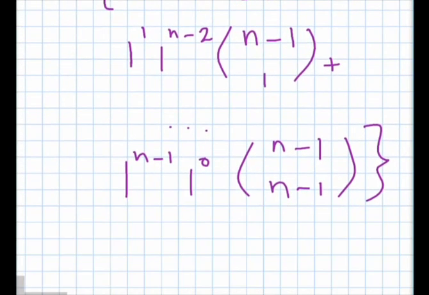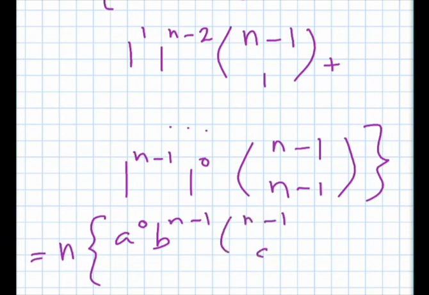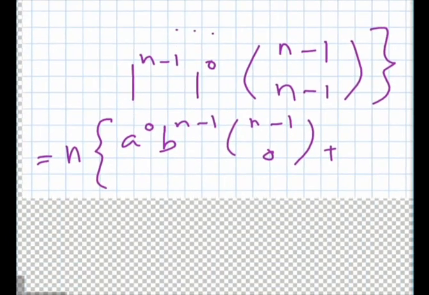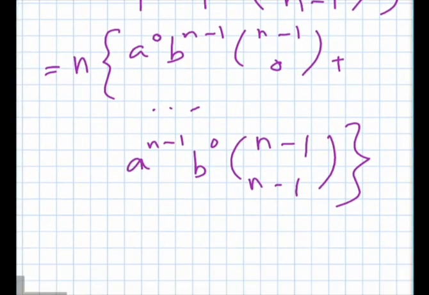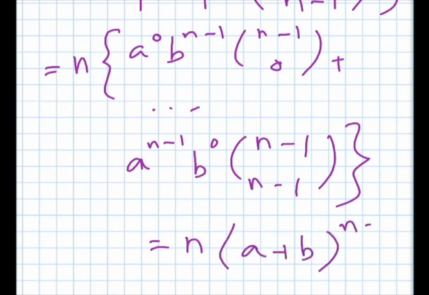Now if I compare it with a to the 0 times b to the n minus 1 times n minus 1 choose 0 plus, I'm skipping the terms, up to a to the n minus 1 times b to the 0 times n minus 1 choose n minus 1. So this is equal to n times a plus b to the n minus 1.